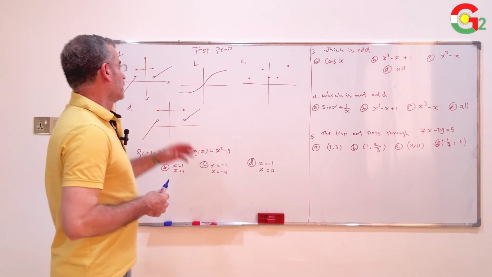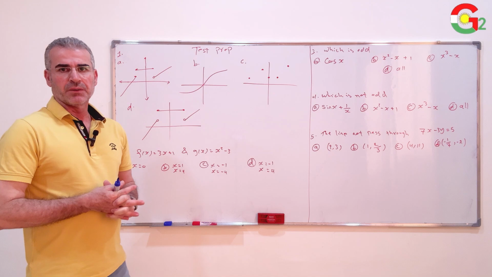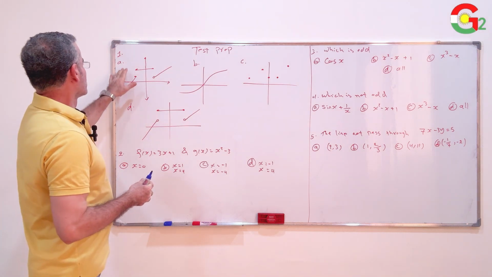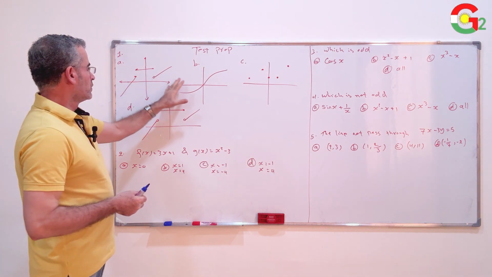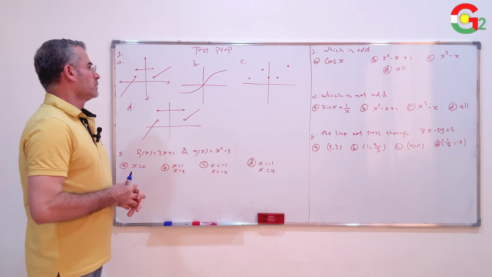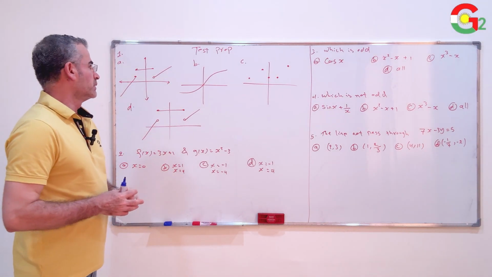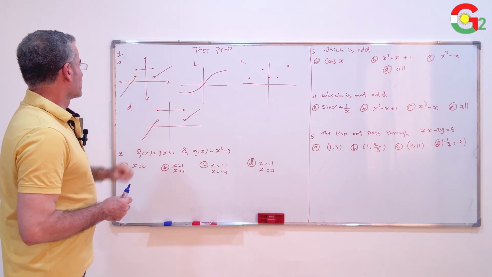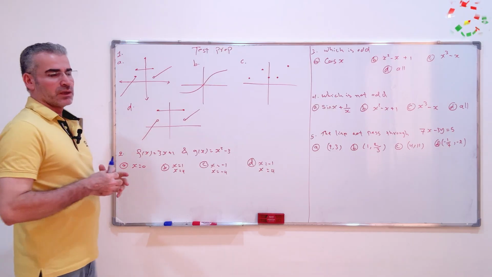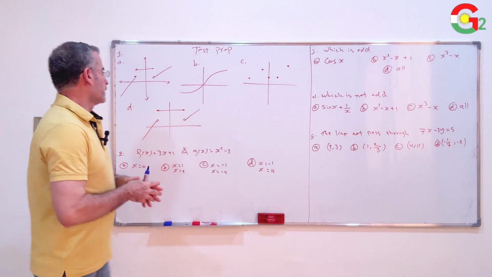Test prep of chapter 1. Question number 1. Which of the following graphs does not represent a function? The first graph, as you see, we will use a vertical line test.